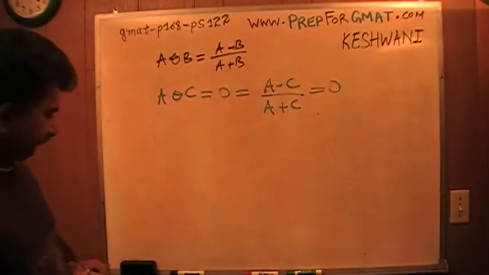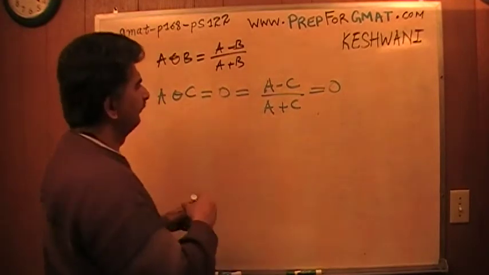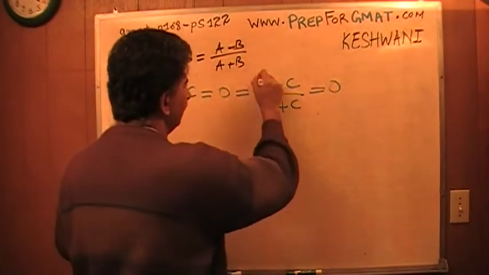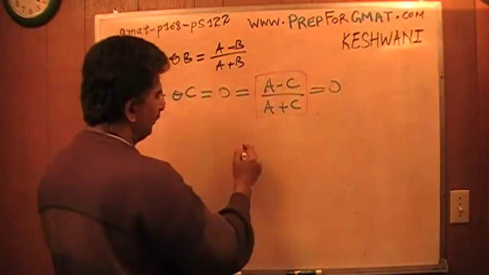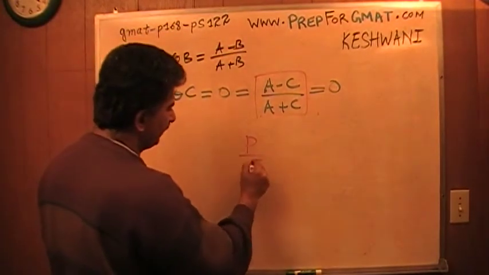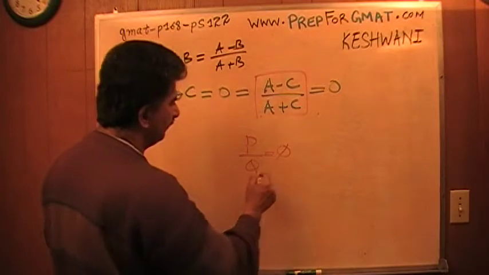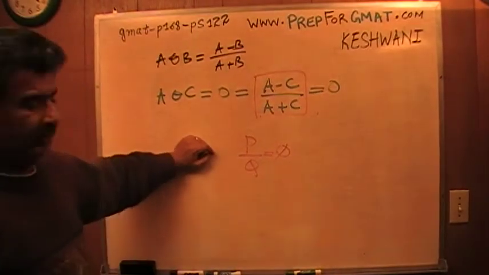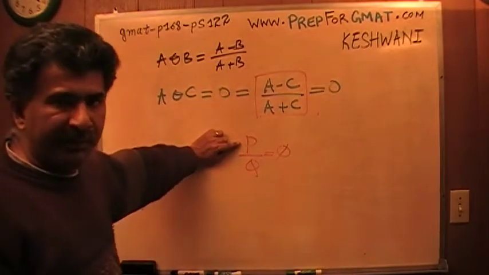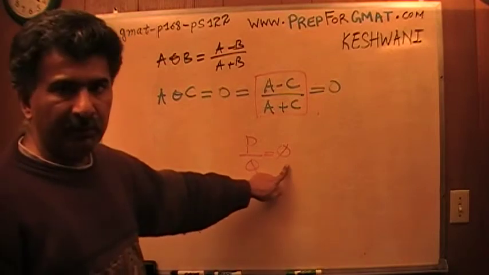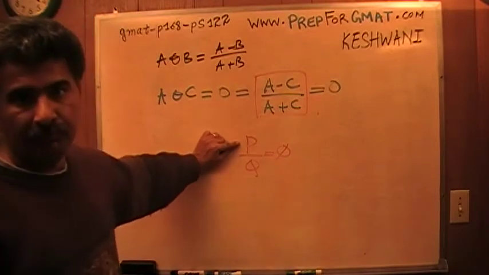So here I have a quantity, and I'm told if I have quantity P, and I tell you that P divided by Q is 0, how is that possible? The only way one quantity divided by some other quantity equals 0 is if the top is 0.